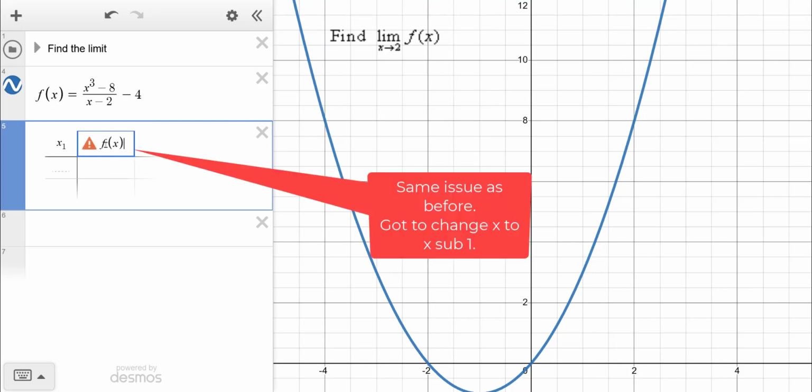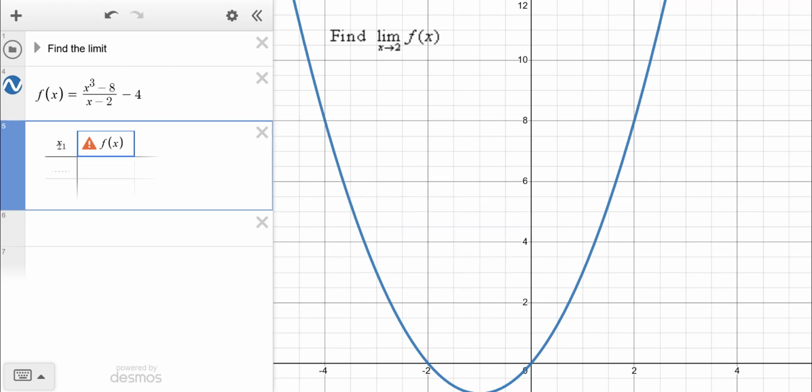Okay, now notice the warning here. It's telling us our variables are kind of messed up because I have an input that's a specific x sub 1, and I have a function that has a generic x. So I need to tell the function, don't use a generic x, use that specific x1. You can just type in the 1 after the x, and it understands that you're talking about x sub 1.